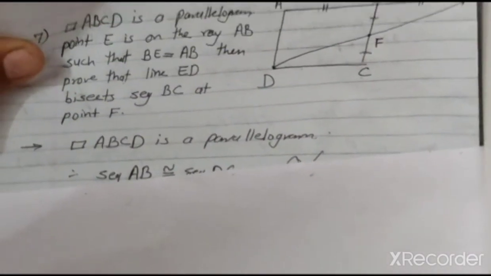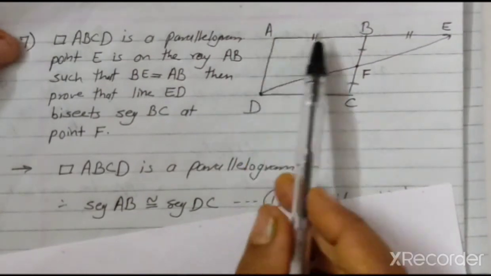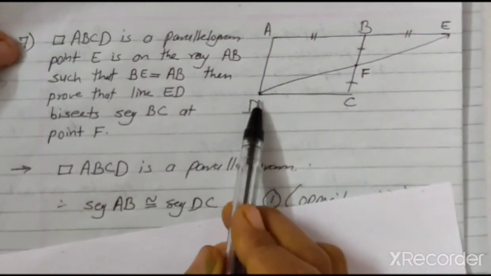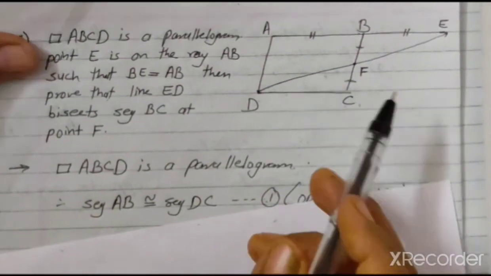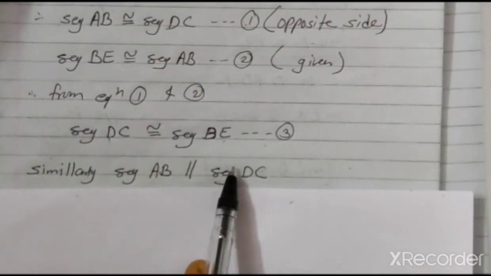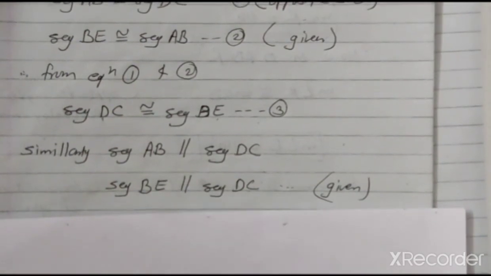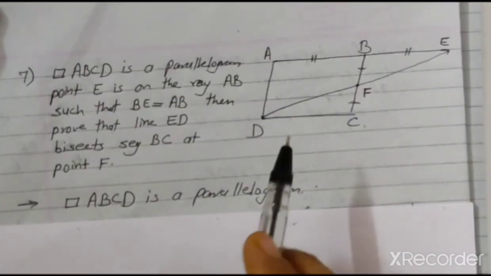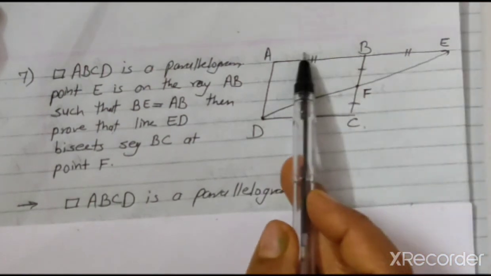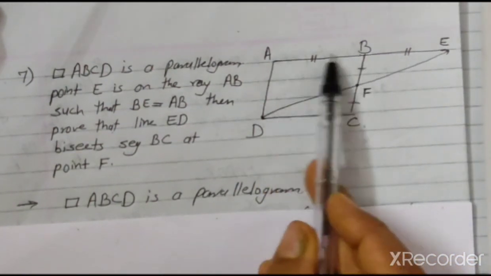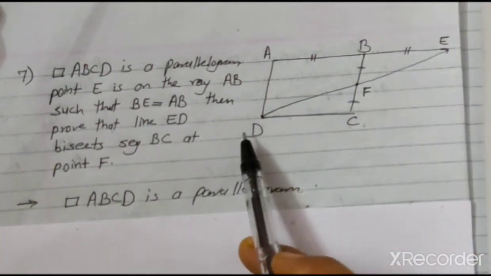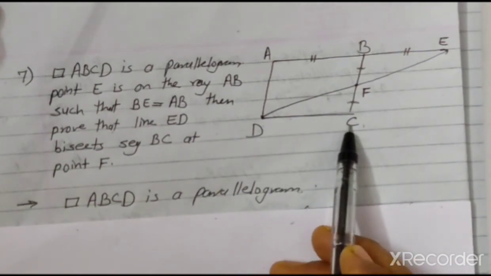Now again from figure, this segment AB is parallel with DC. Similarly, we can say that this BE is also parallel with DC because this segment BE is on ray AB. Therefore, we can say this BE is also parallel with DC.